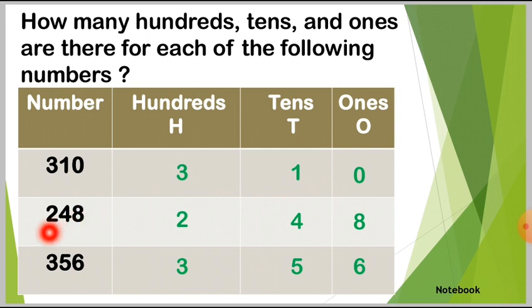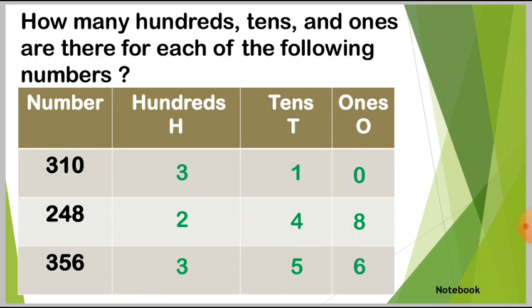Now the same way, in number 248. How many hundreds? 2 hundreds. Very good. Write 2 in the hundreds column. Then how many tens? 4 tens. You write 4 in the tens column. And how many ones? 8 ones. Yes, 8 you can write in the ones column. Got it, children?